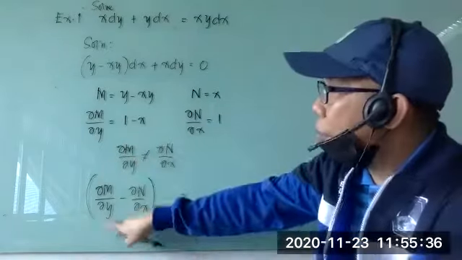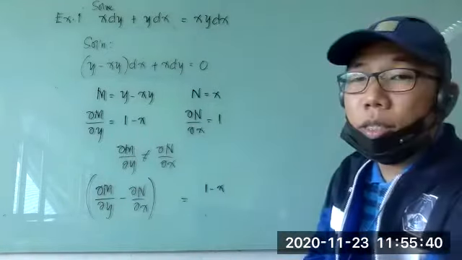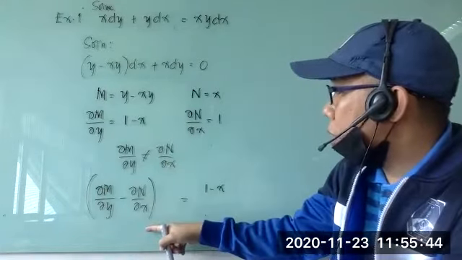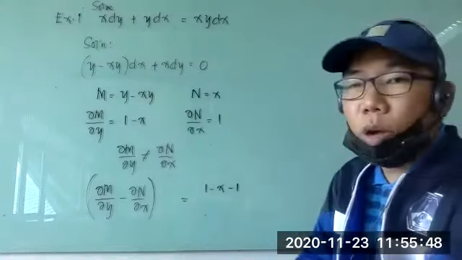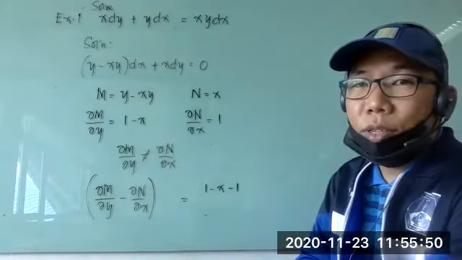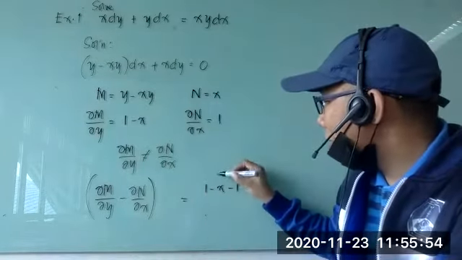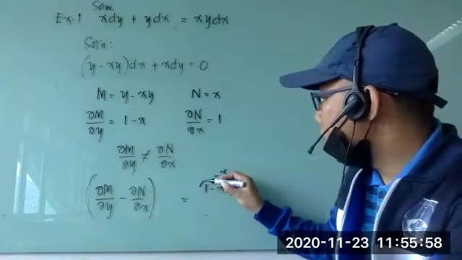So partial of M with respect to y is 1 minus x, and then the partial of N with respect to x is equal to 1. So you subtract that, so minus 1. What's the result? 1 minus 1 is 0, so you have here negative x, right?